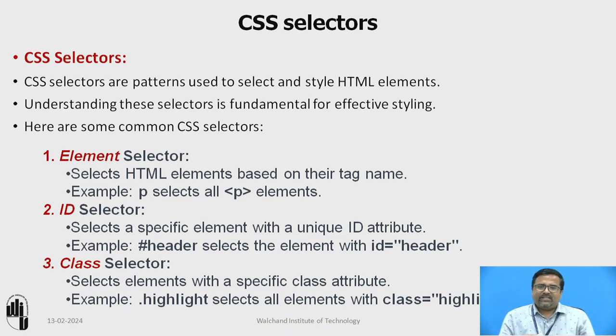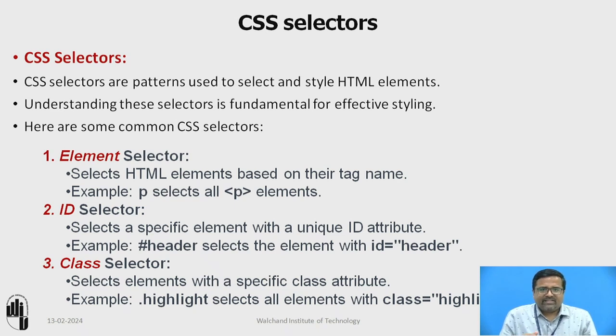The element selector will select the element by its name itself. For example, if I want to style a paragraph, then I will select the paragraph element or p tag using the name of the tag, that is p. If I want to style the div element, then I will select div as a selector.